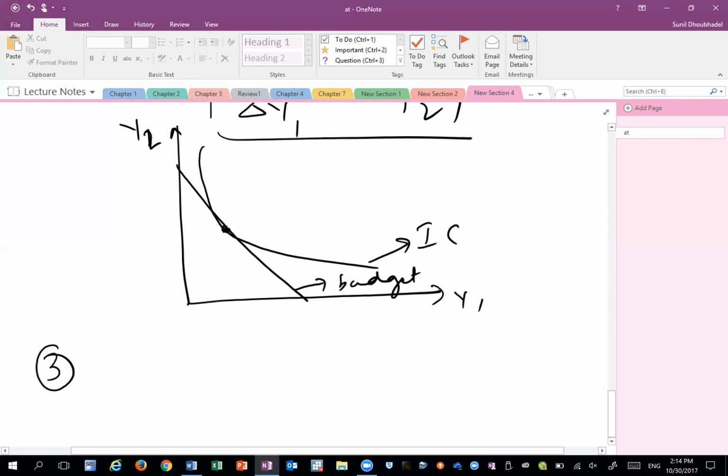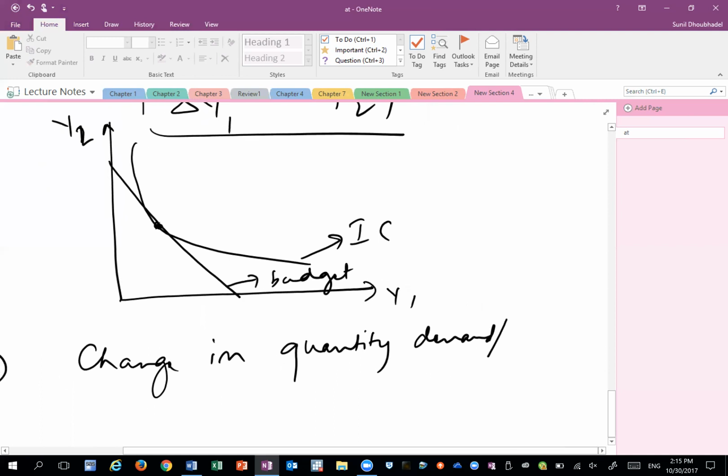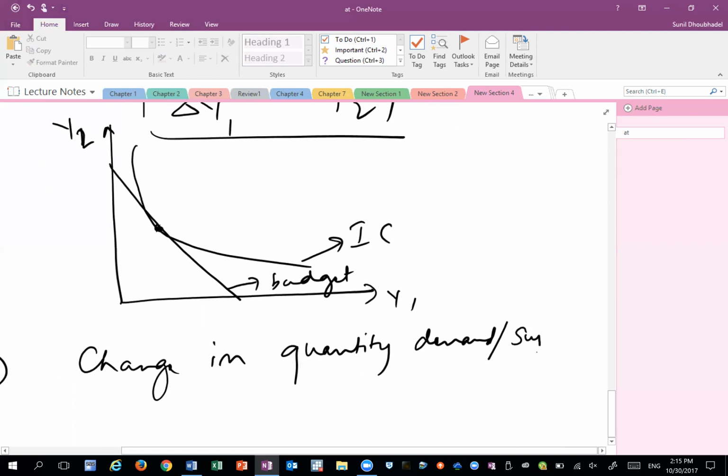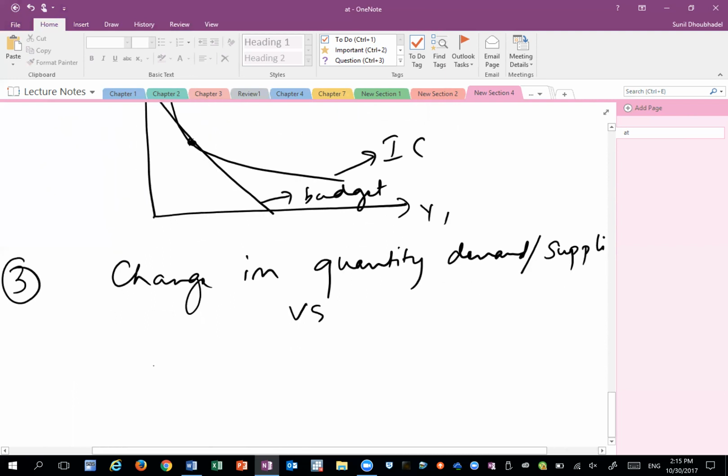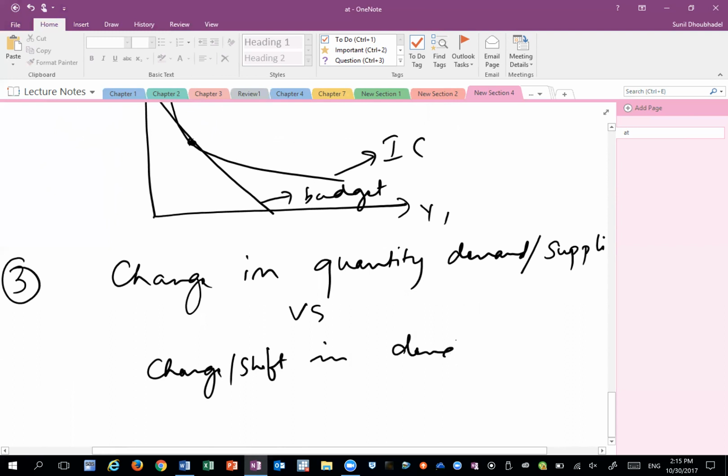The third concept you should not miss is the difference between, because there are a bunch of questions related to these, change in quantity demanded or supplied, you can say it both ways, versus change or shift in demand or supply.